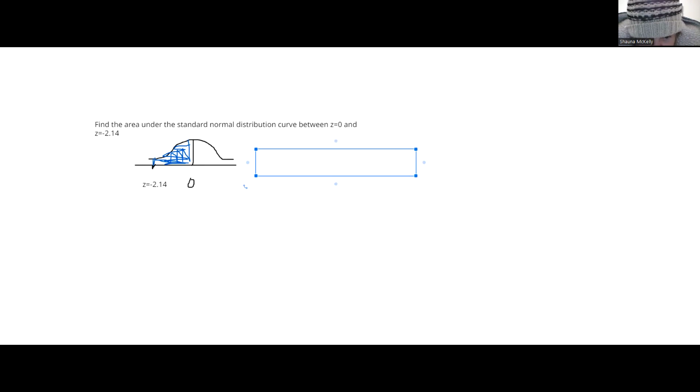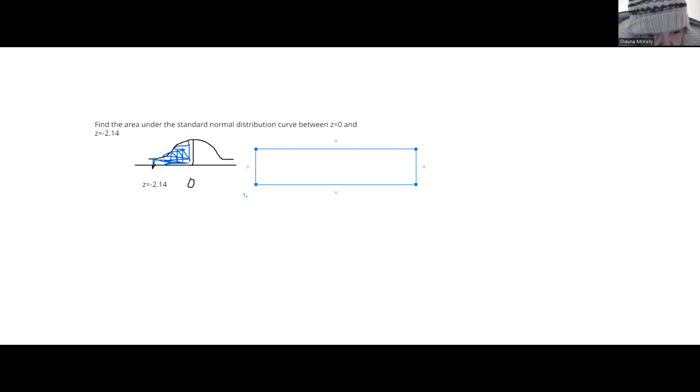And the specifications for that, depending on the version of the calculator that you have, are going to be something like left bound, right bound, mean, and standard deviation, which I'm going to abbreviate SD. Okay, that's my format.